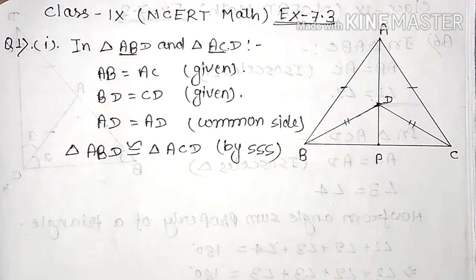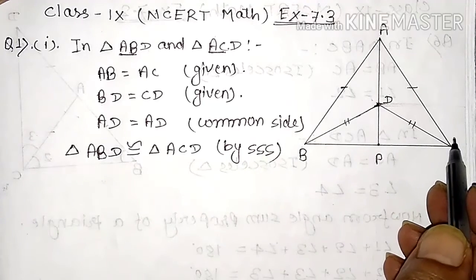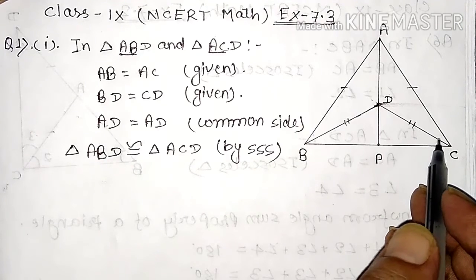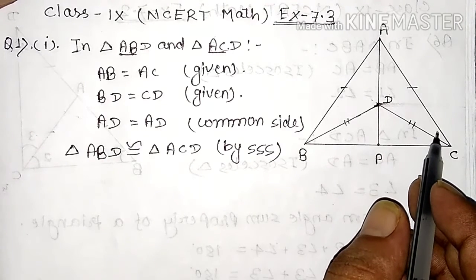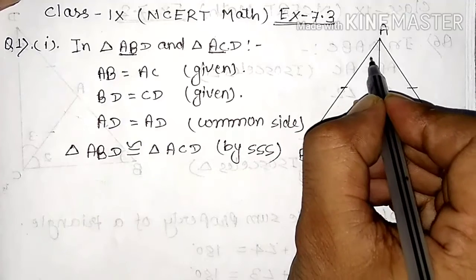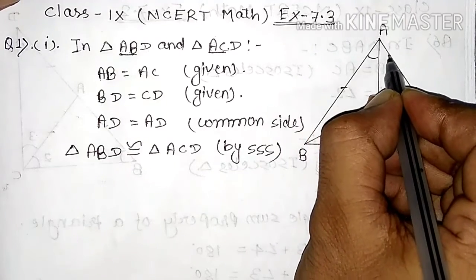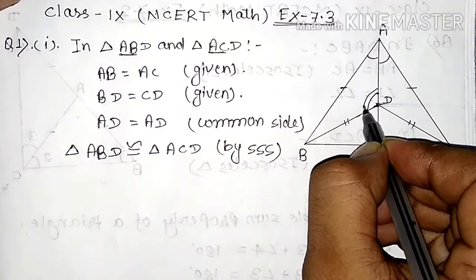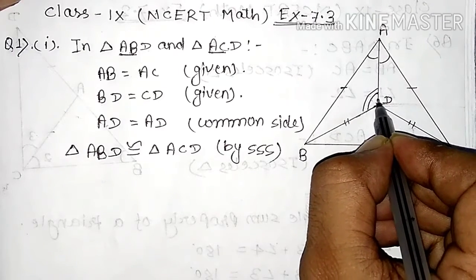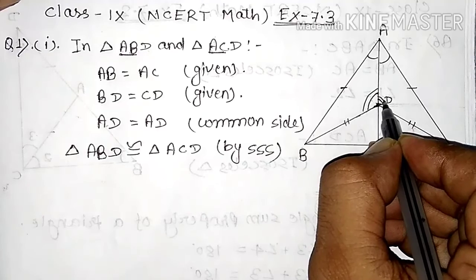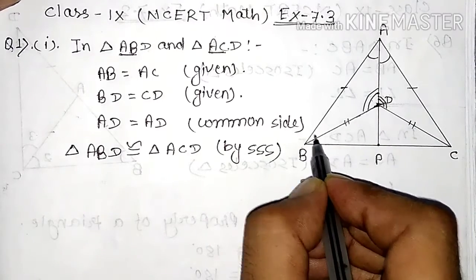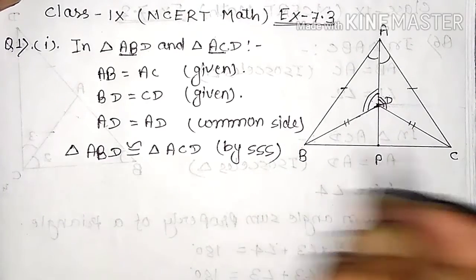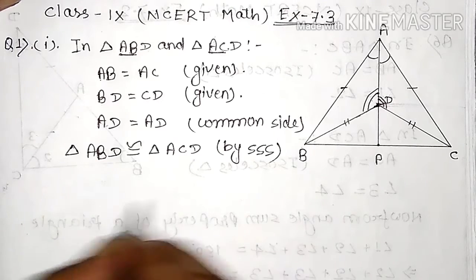SSS congruency theorem. If both the triangles are congruent, then we can say that the corresponding parts of the congruent triangles are equal. What are the corresponding parts? This angle is equal to this angle, and this angle also is equal to this angle. So I am going to write it.